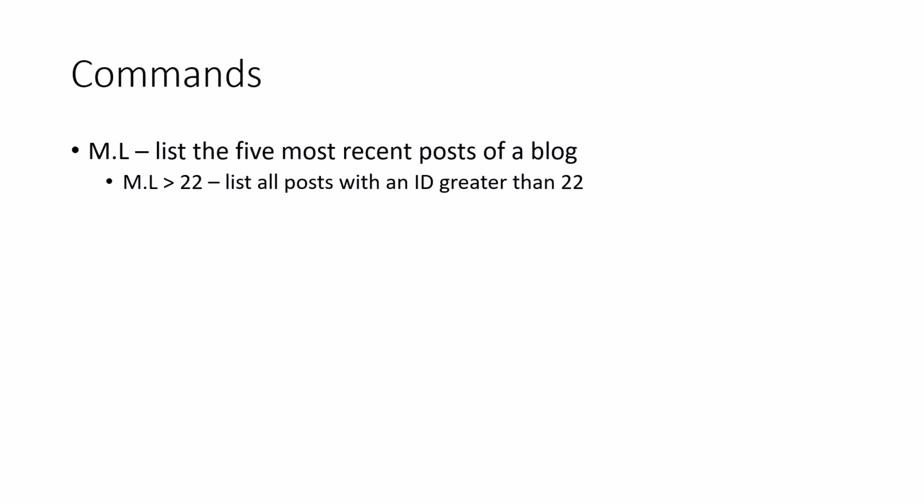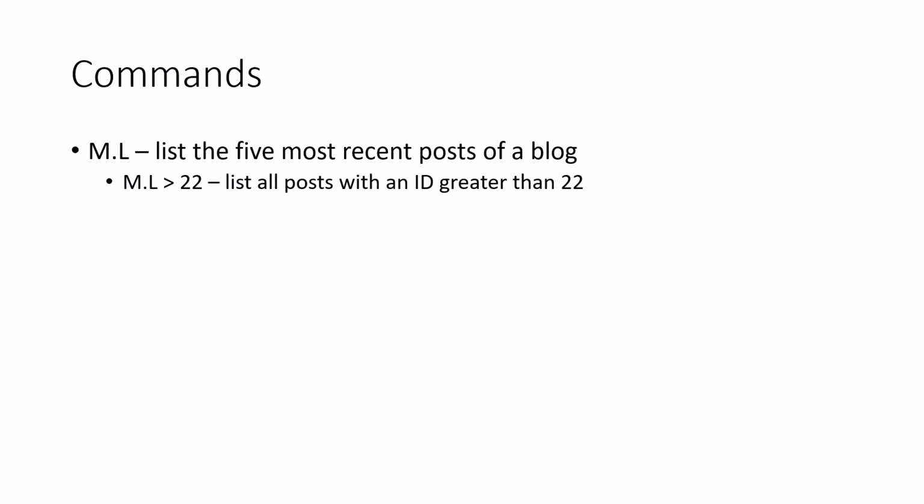When I say all posts, actually it's limited to 5 as a maximum, because if you can imagine there were say 200 posts on the server and you did m.l greater than 22, you would then sit and wait while it delivered 178 list items.